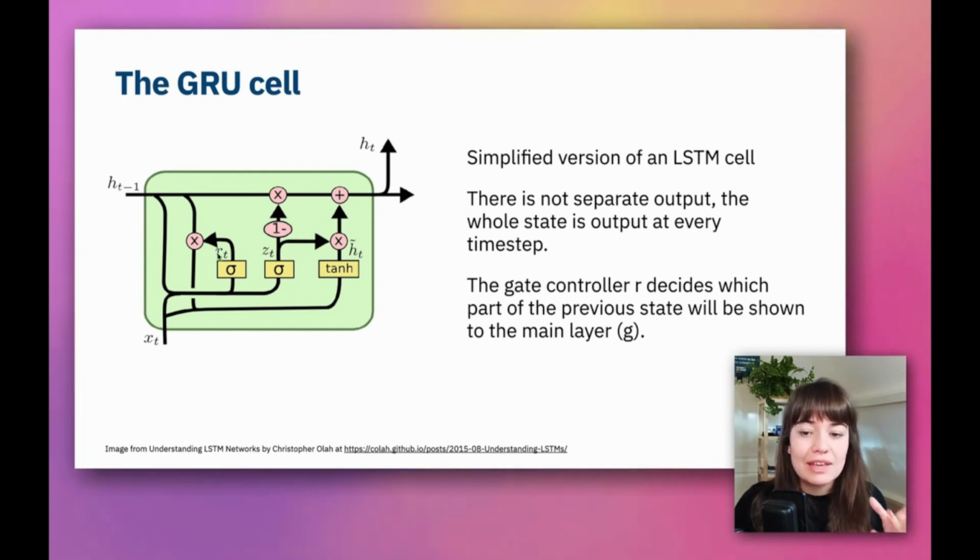And here the gate controller R decides which part of the previous state will be shown in the main layer, the one where we pass through the hyperbolic tangent, and basically the main state that is being passed to the next time step. R decides which part of the previous state that we got from the previous timestep is added to the state and the output of this time step.